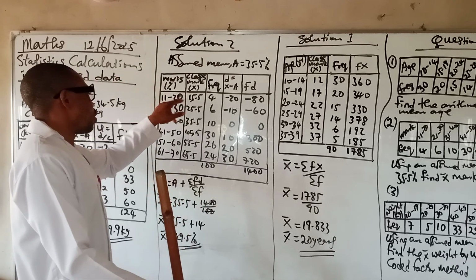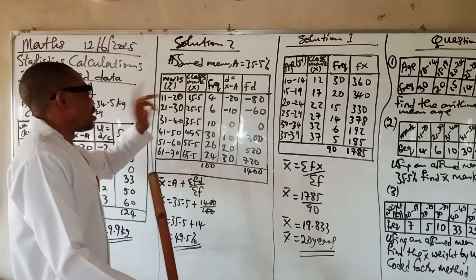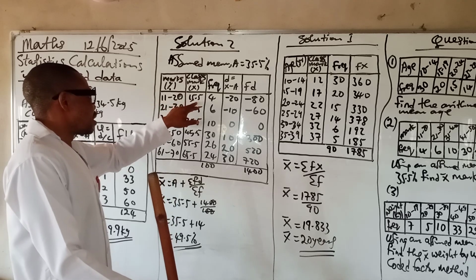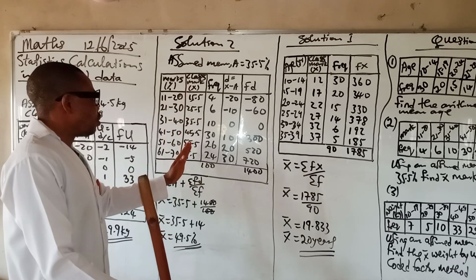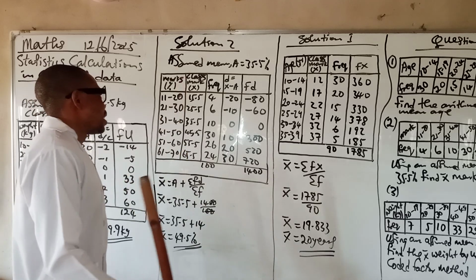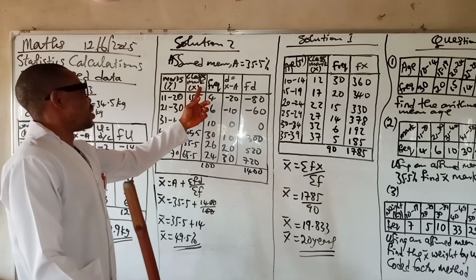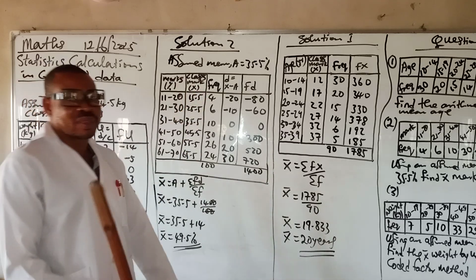Lower class limit plus upper class limit divided by 2 gives us the class mark. That is how we got the values under this class mark, which we use to represent x.